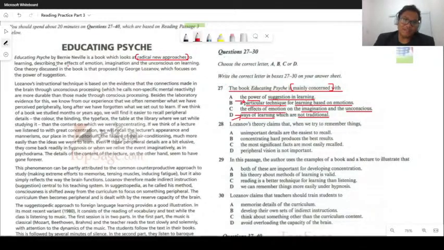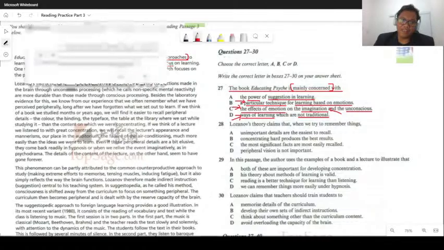Okay, there's the effects of emotion. So we want to see the effects of emotion. C has the effects of emotion. Okay, imagination. Is there imagination? C also has imagination. And unconscious. C also has unconscious.